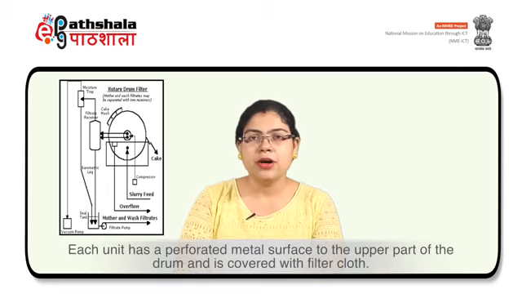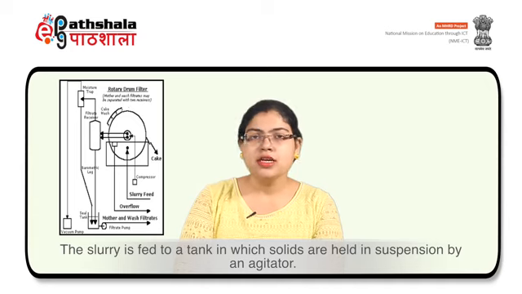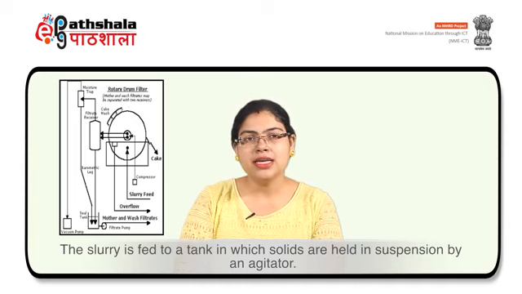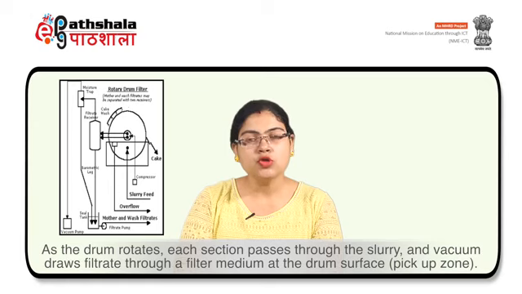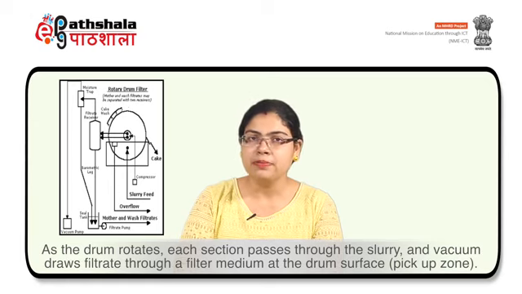Each unit has a perforated metal surface on the upper part of the drum and is covered with filter cloth. The slurry is fed to a tank in which solids are held in suspension by an agitator. As the drum rotates, each section passes through the slurry and vacuum draws filtrate through a filter medium at the drum surface, that is the pickup zone.